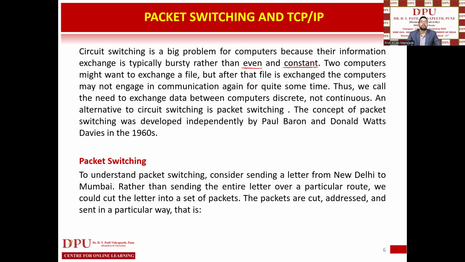Two computers might want to exchange a file, but after the file is exchanged, the computers may not engage in communication again for quite some time. Thus we call the need to exchange data between computers discrete, and not in a continuous form.